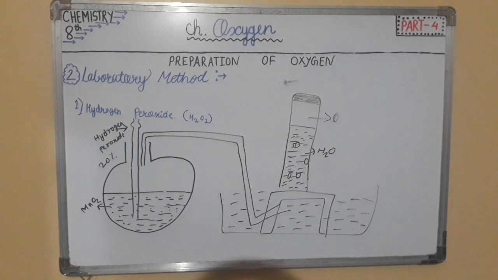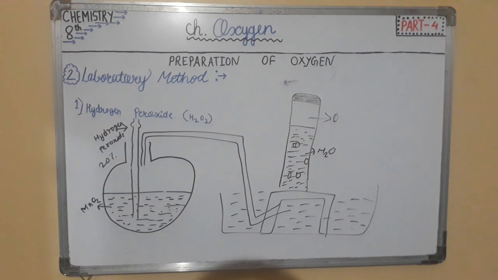Through one hole a thistle funnel and through another hole a delivery tube is inserted. The other end of the delivery tube is connected to a beehive shelf placed in a trough of water.